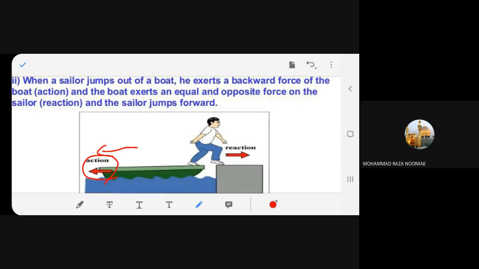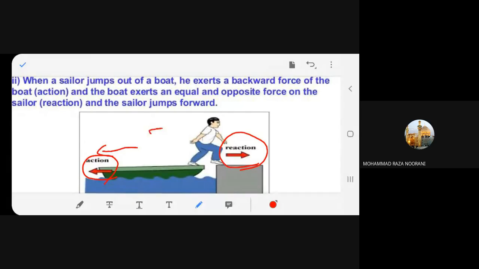He cannot move forward without pushing the boat backward. He cannot jump straight away. He has to apply force. When he's applying force, the boat moves backward, which gives him the force to jump onto the bank or onto the land. And that jumping becomes the reaction.